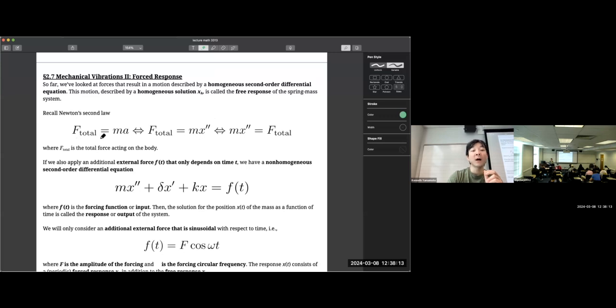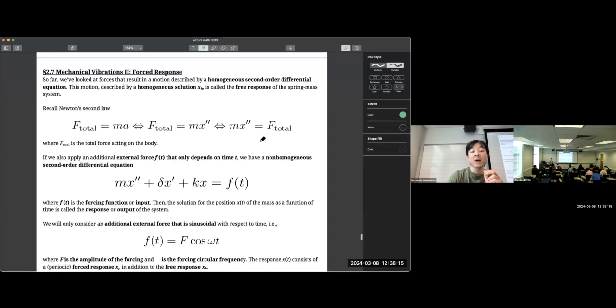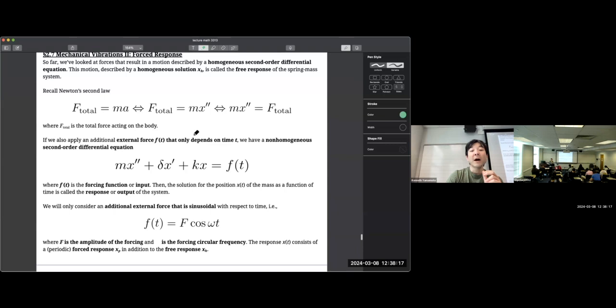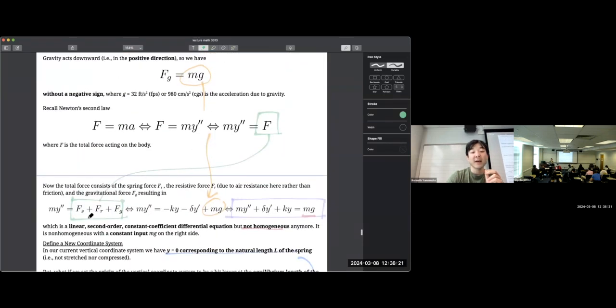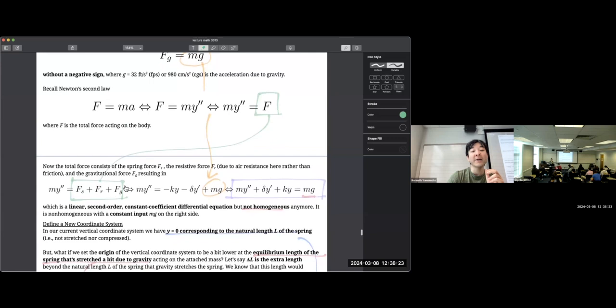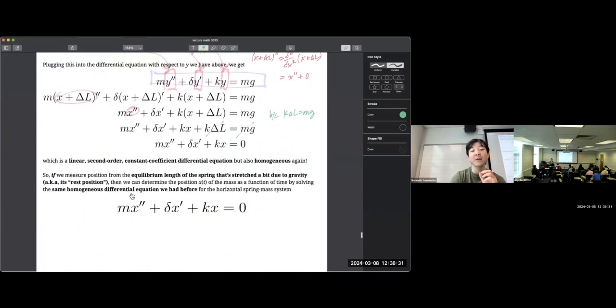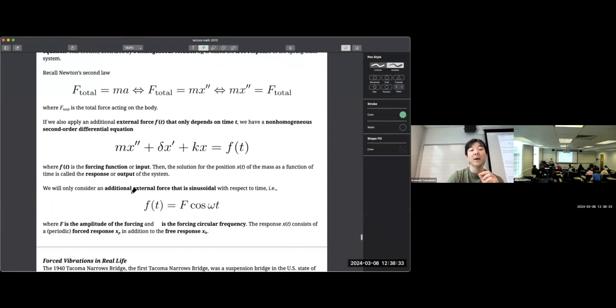So if you look at your F equals ma equation, you have all these terms that we ended up introducing, right? We had Fs, Fr, Fg, but what if we add another force onto this that's purely some external force that's non-constant? Now, it being non-constant is going to be key. So that's why I have F of t.